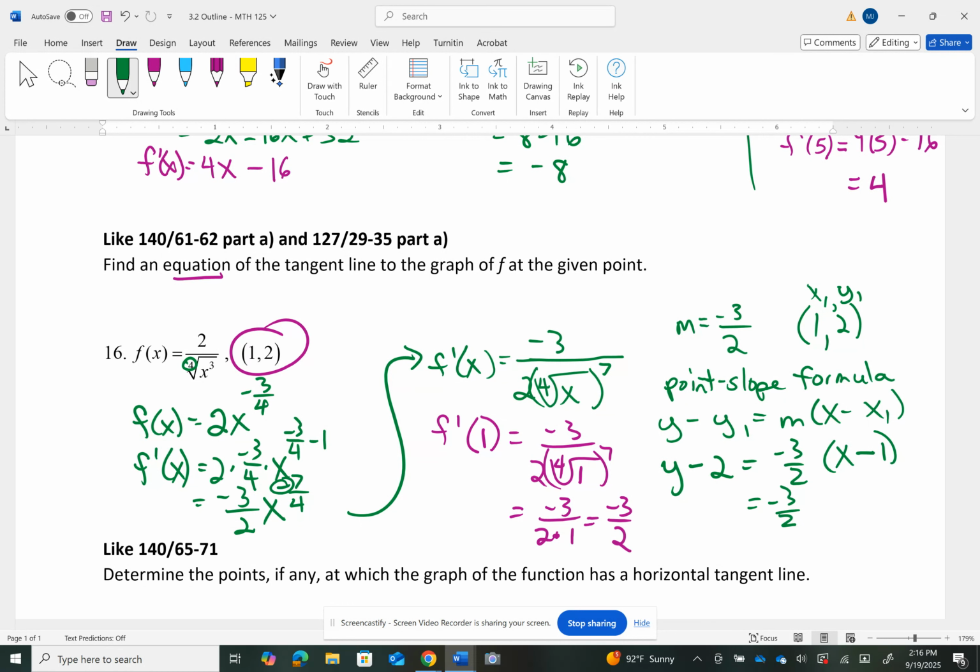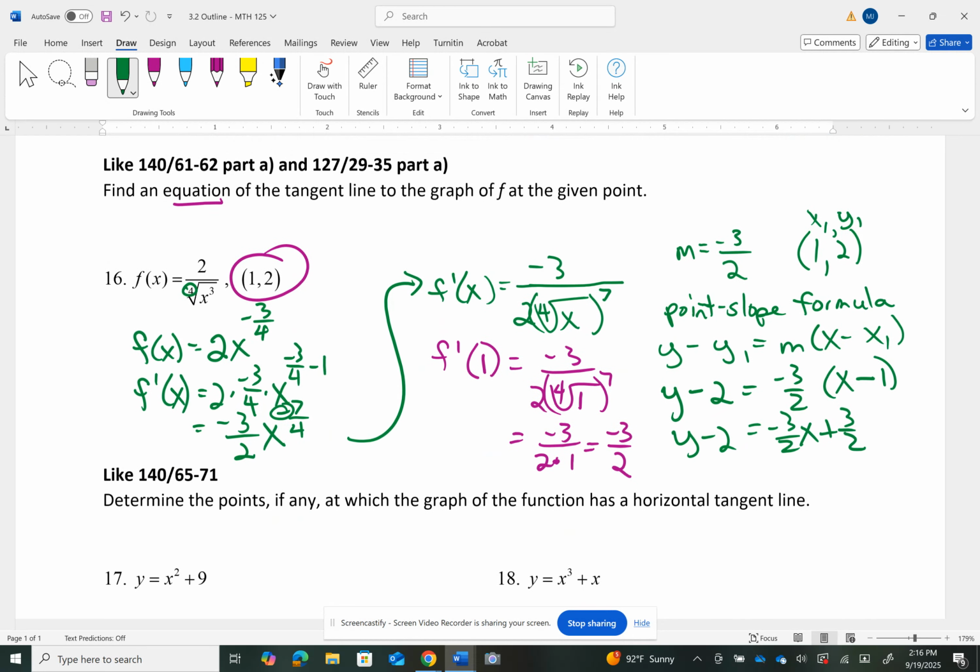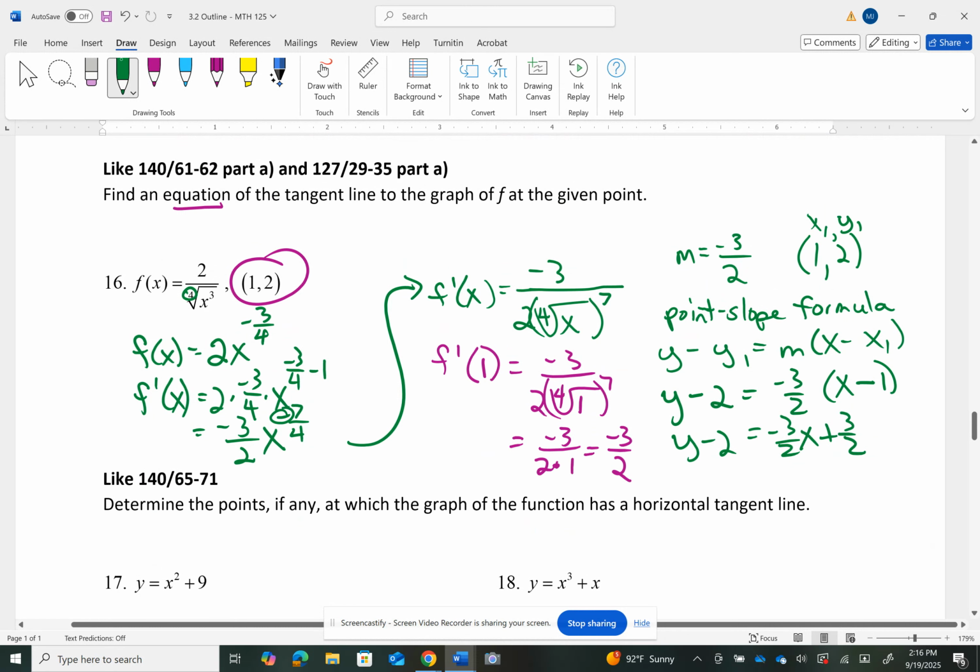So that'd be negative 3/2 x plus 3/2. And then you'll typically want to leave it in slope-intercept form for me. So we'll add 2 to both sides. Right, so I'm adding 2 here and here. And when I add 2 to 3/2, I get 7/2. 4/2 plus 3/2 would be 7/2.